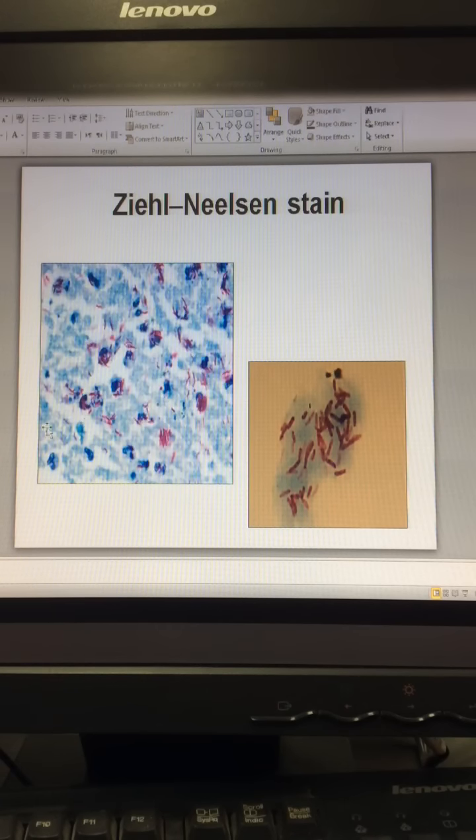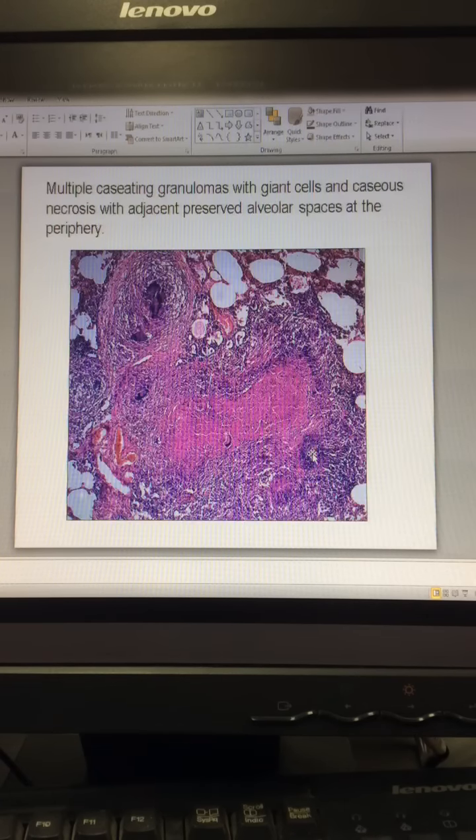On tissue sections, the histological feature of tuberculosis is caseating granulomatous inflammation. Granuloma means an accumulation of inflammatory cells. Caseation means necrotic material in the center of the granuloma.